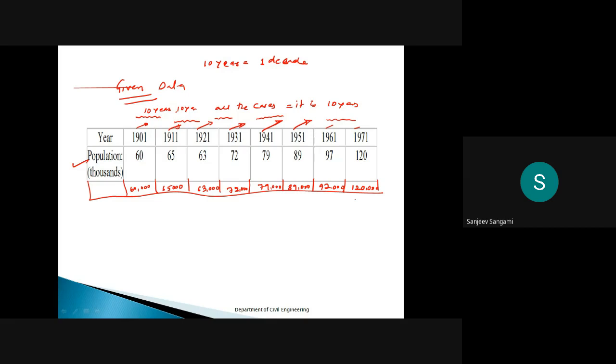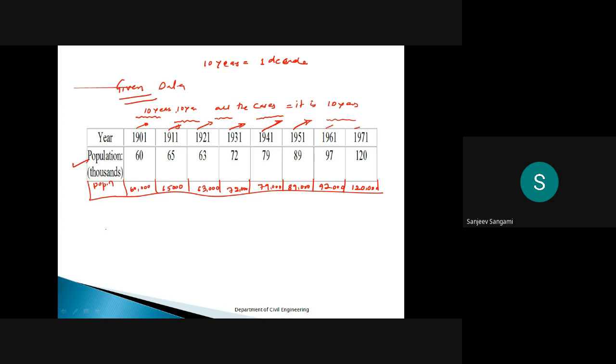This is the overall population from 1901 to 1971, converted from thousands. Sometimes they may give it in hundreds, then 60 should be multiplied by 100, making it 6,000, then 6,500, 6,300, like that.